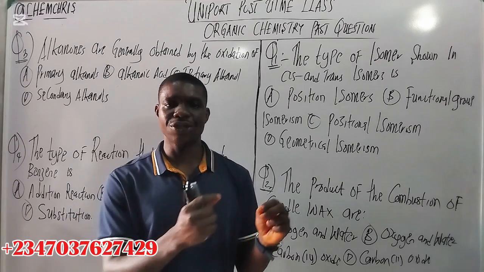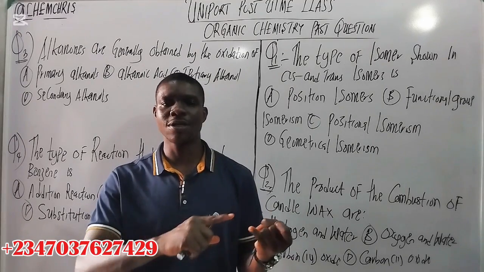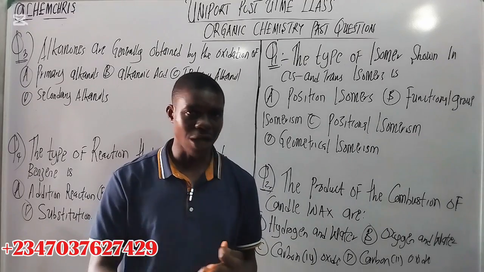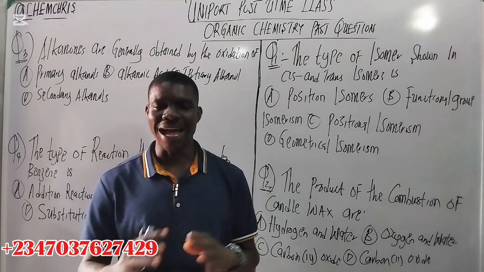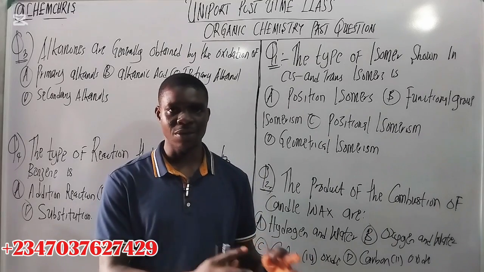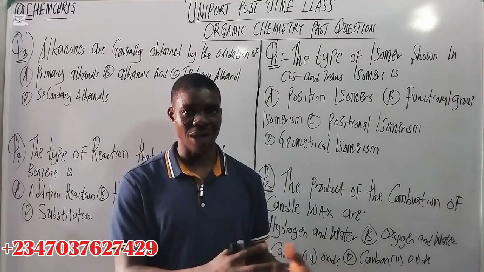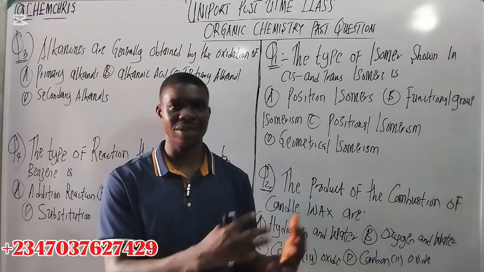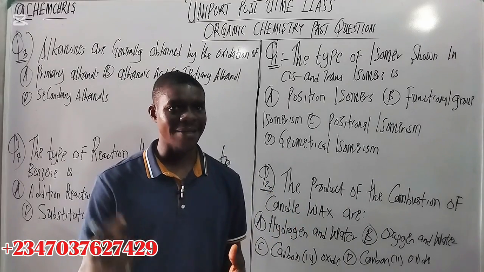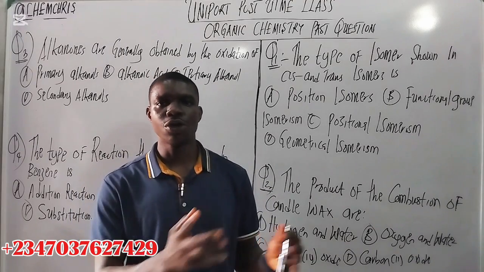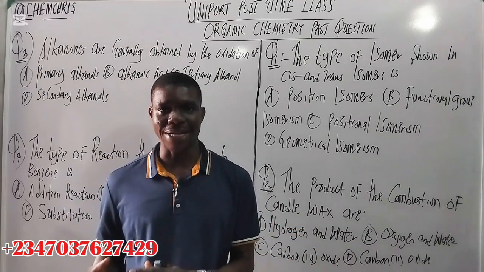In structural isomerism, we have chain isomerism, positional isomerism, and functional group isomerism. I've done a video on isomerism. If you are my private student, by now you're supposed to have seen that video, because I explain every single detail on that isomerism aspect. Then in stereoisomerism, we have geometrical isomerism and optical isomerism.